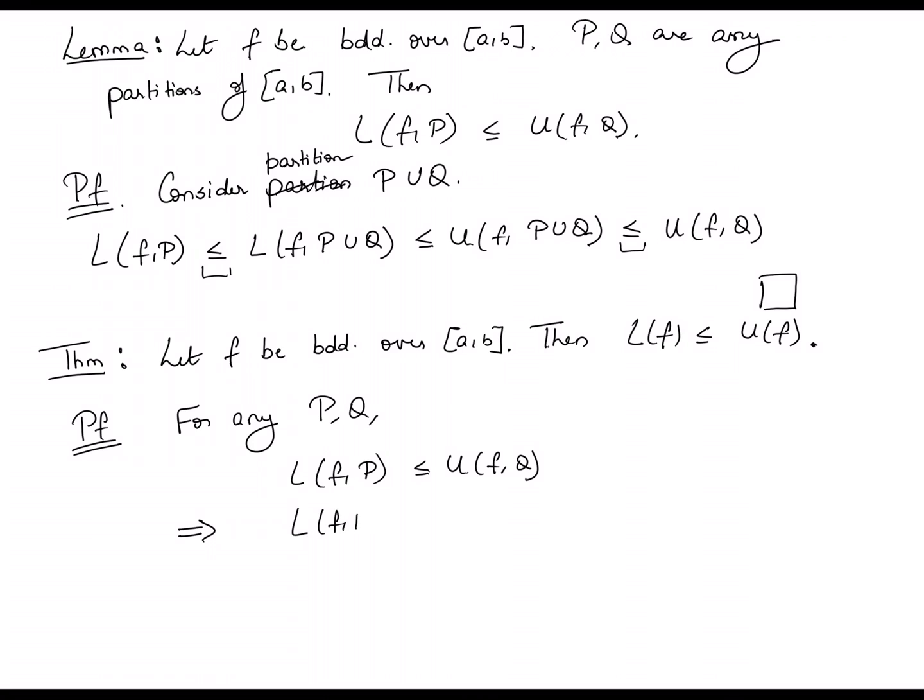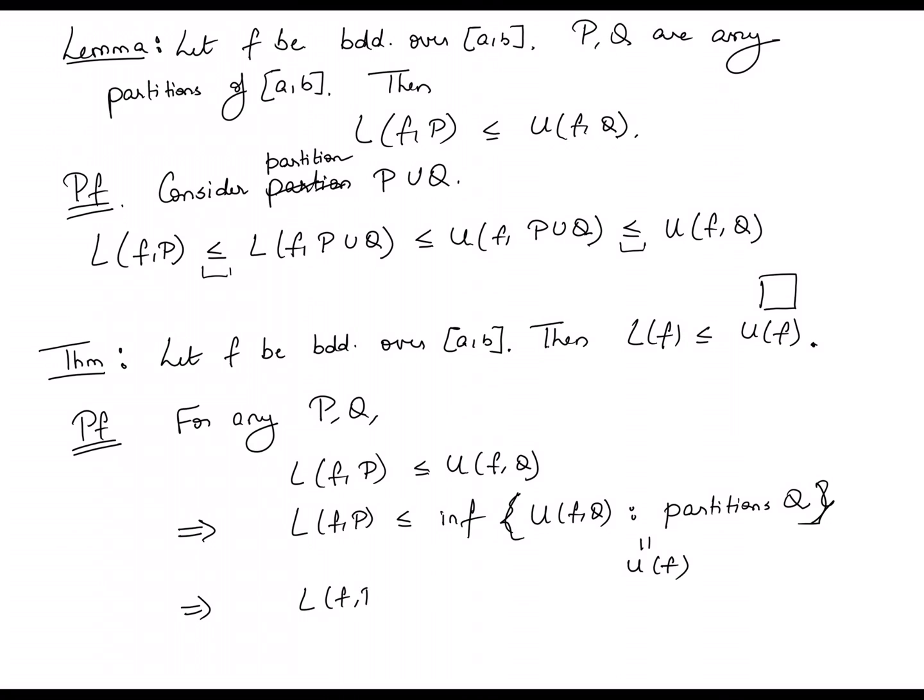L of f,P is therefore less than or equal to the inf of U of f,Q over partitions Q. This is in fact the same as U of f, right?